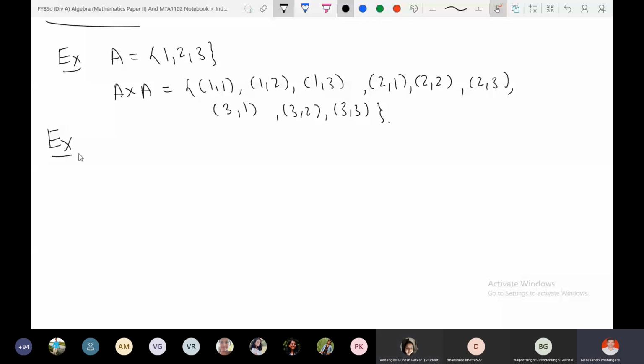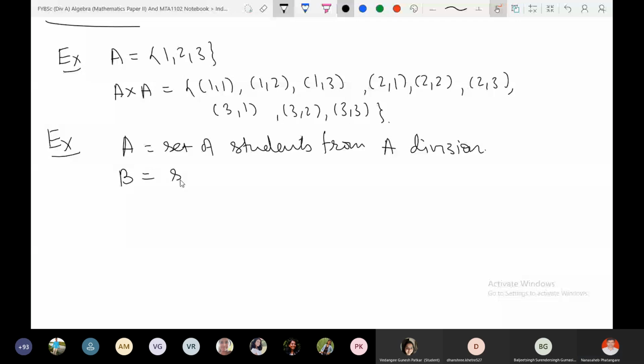Let me tell you one more example. Suppose A is the set of all students from A division, right? And B is the set of distinct books.